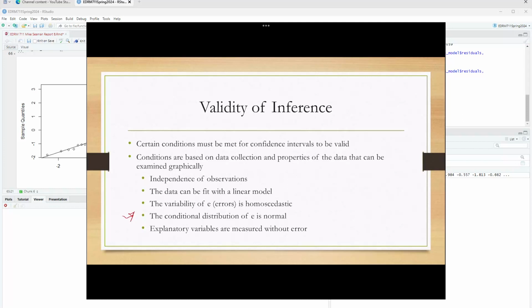What you're worrying about with many of these conditions for valid inference is how those estimates vary. That is, what the sampling distribution looks like, what the variation is of these estimates from data set to data set.